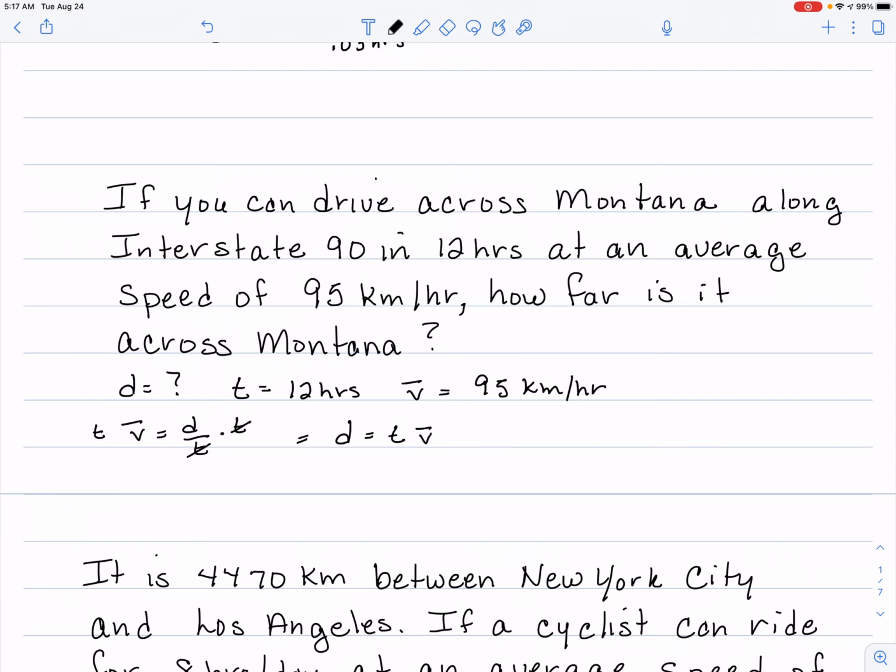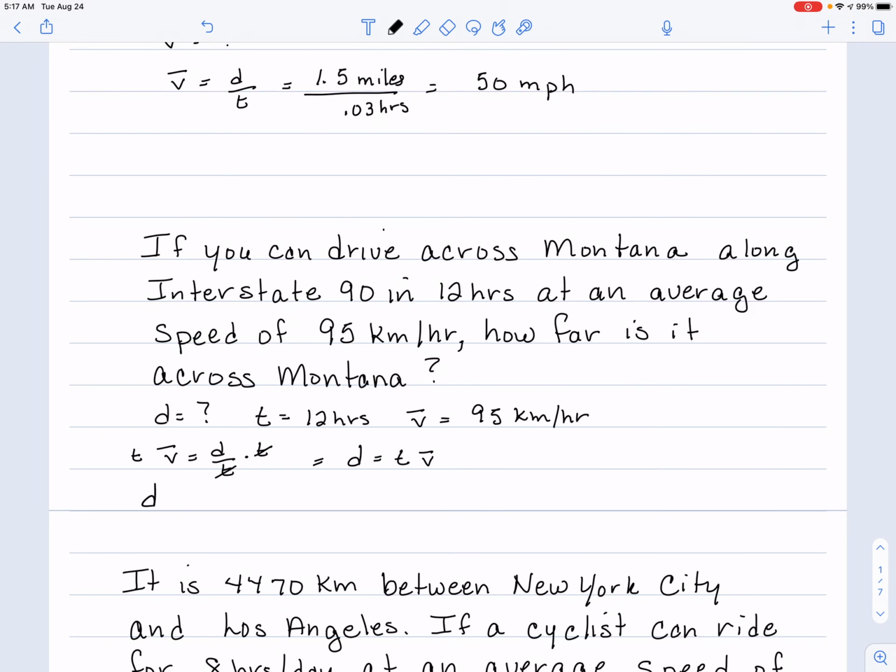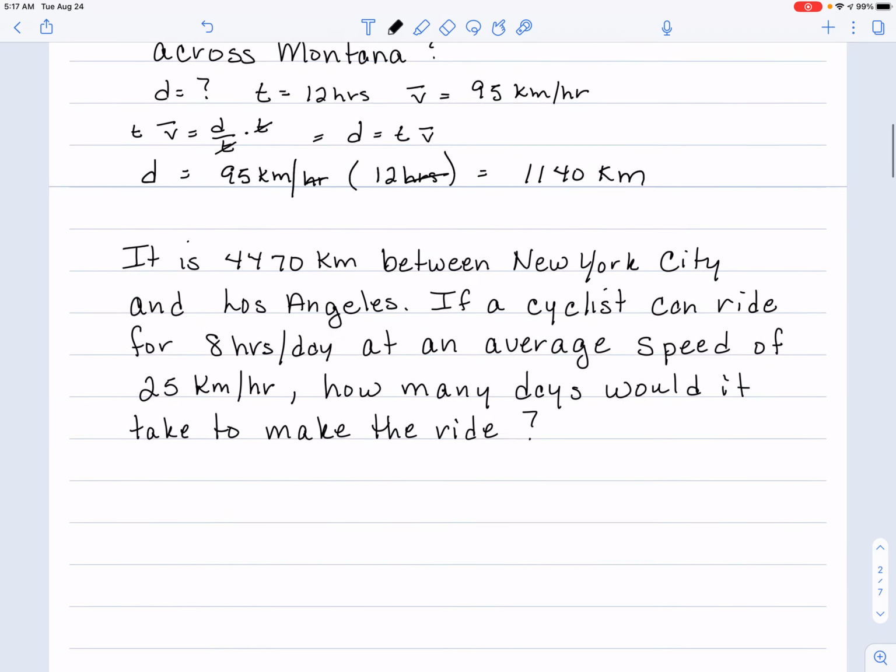So our distance is going to equal 95 kilometers per hour times 12 hours. So the hours will cancel, and your final answer is going to be 1,140 kilometers.